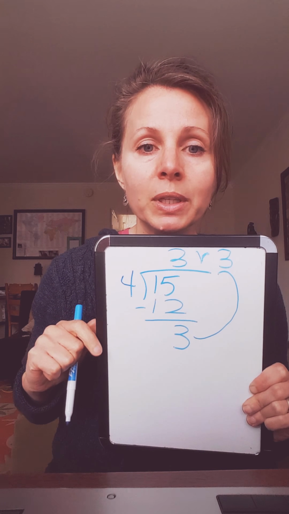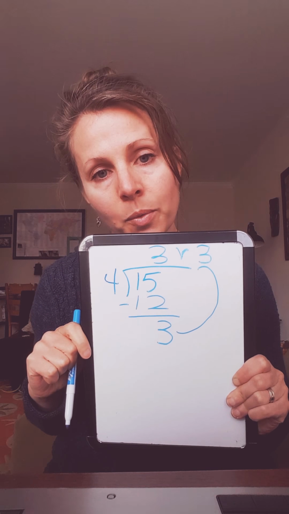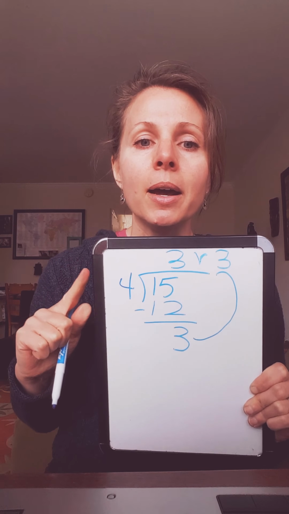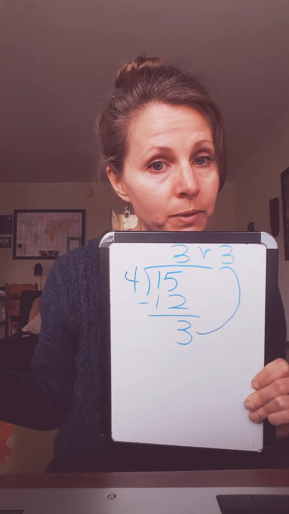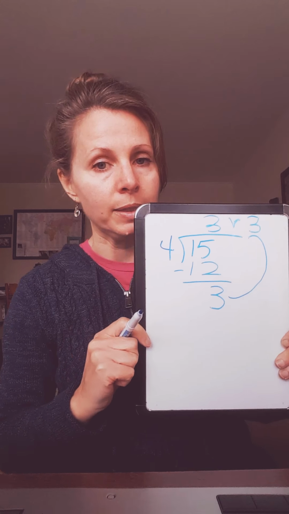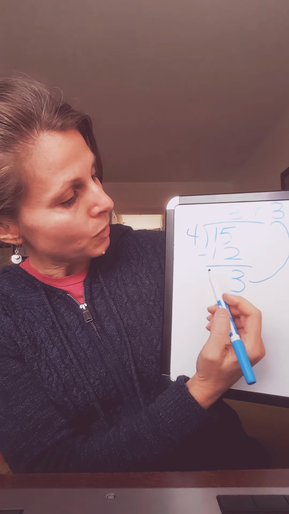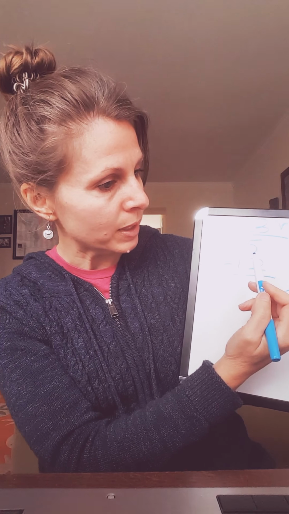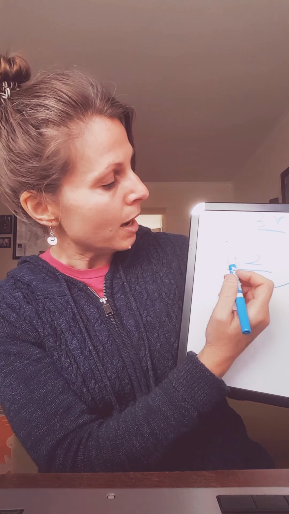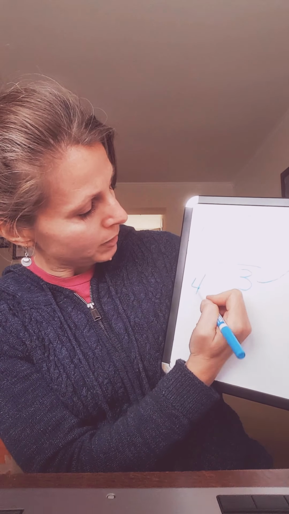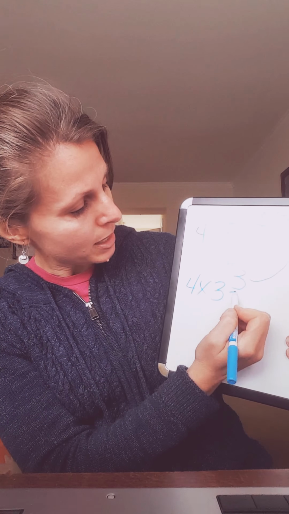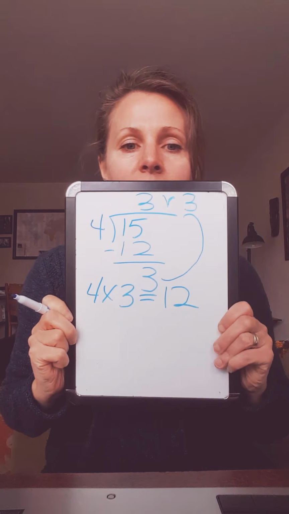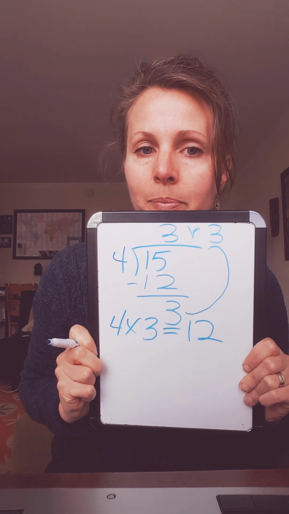Now we are going to use the inverse operation to check our work, and I want you to do that with each question. The inverse operation of division is multiplication. Let's do the divisor first. 4 times 3 equals 12. Okay, great. But since we have a remainder, we can't stop there to check it.